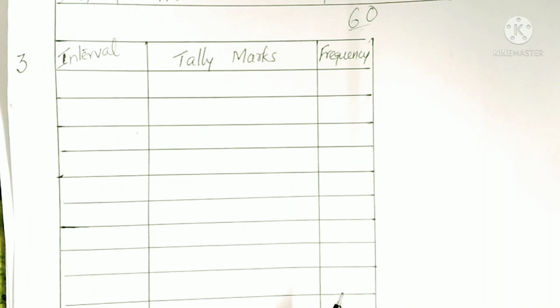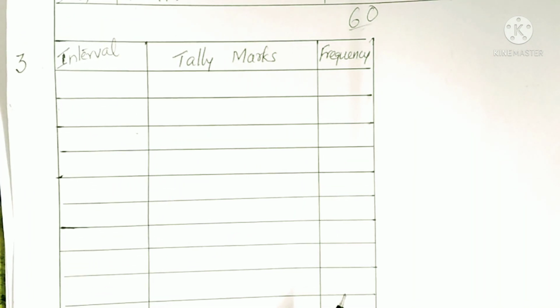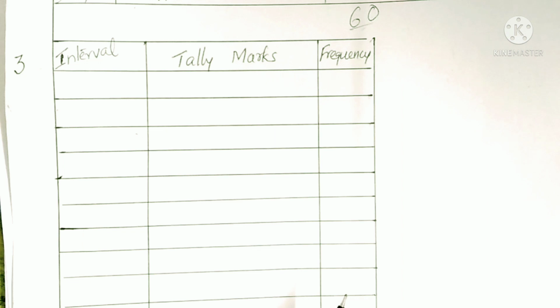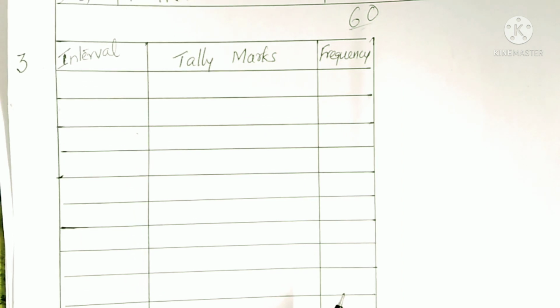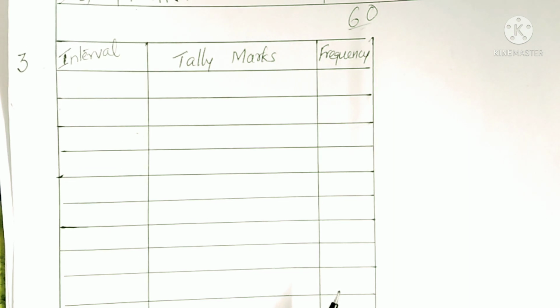The next question is, the weekly wages of 30 workers in a factory are given. It is 830, 835, 890 like that. 30 markings are given. Now if you go through that, you will come to know that 804 is the smallest number, I think.